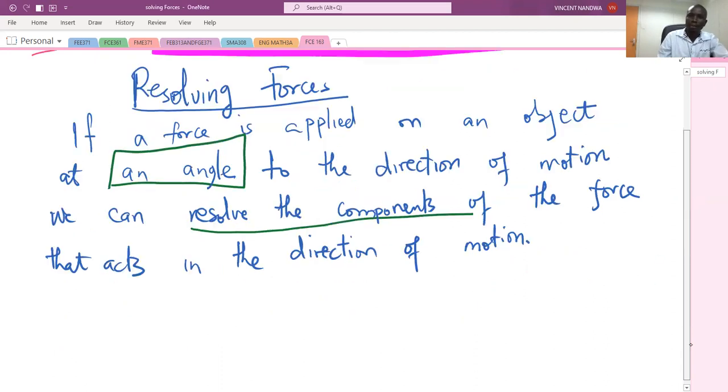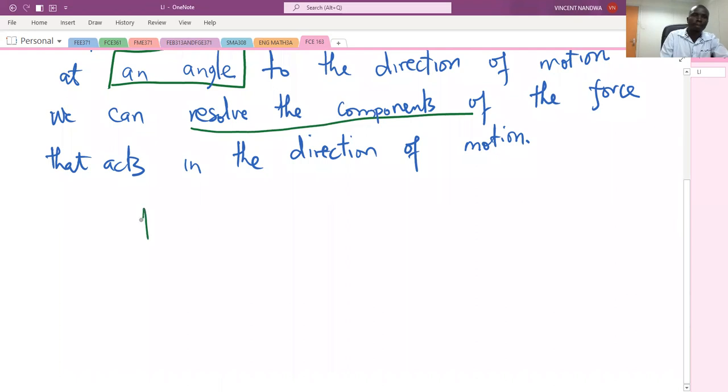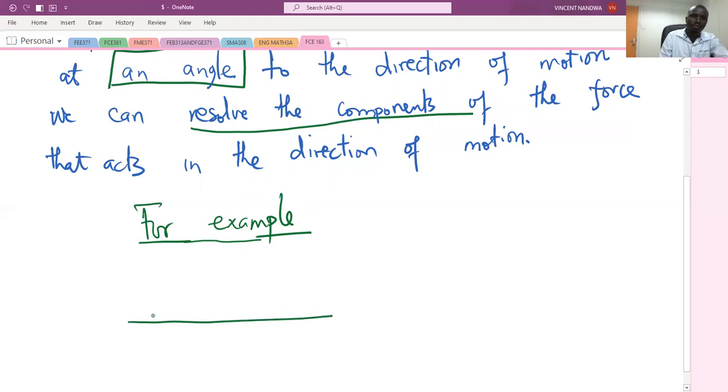For example, consider in this diagram, we have a table. So let this be a table. And then let's have a book on this table.